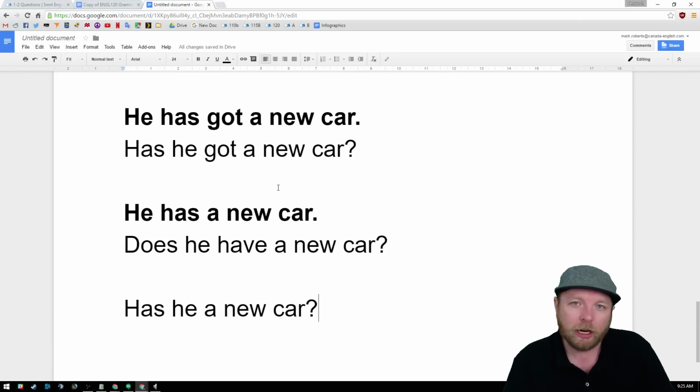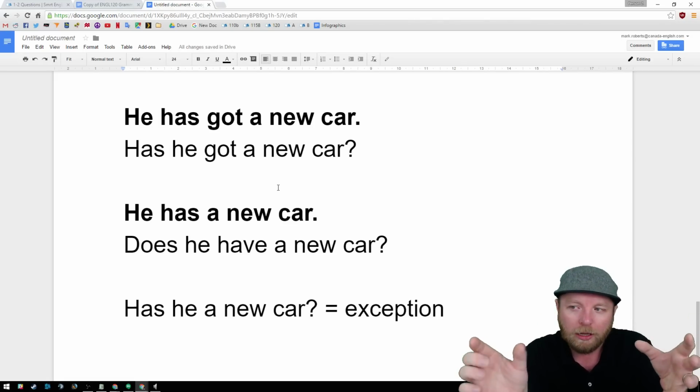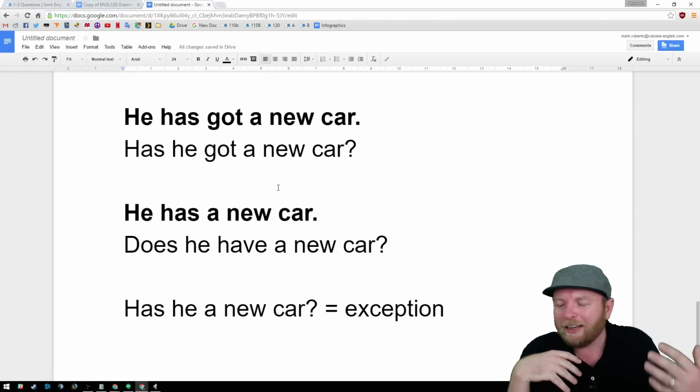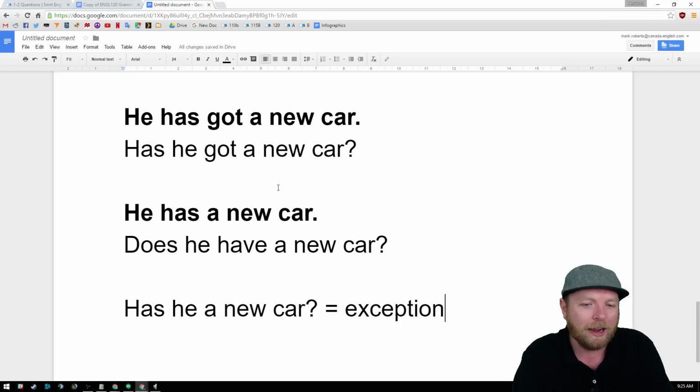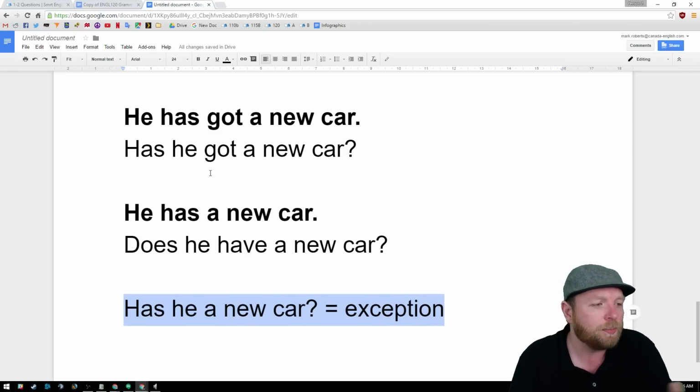It's not good English. This is only what we call an exception. Exception means like a rule, but this one is okay. Don't use this, because if you use this, you're going to get confused about English grammar. I never teach this to my students, and I am only talking about this because you asked the question.